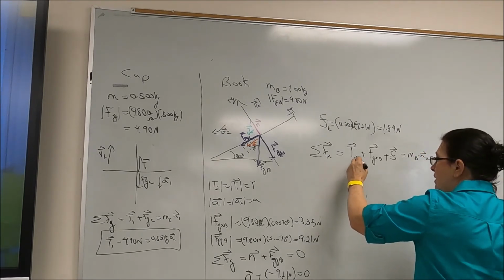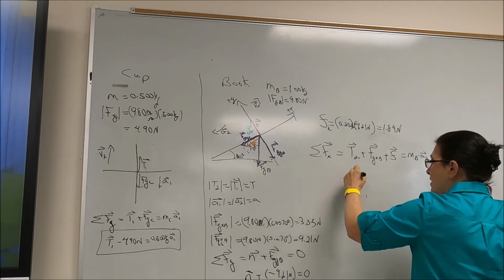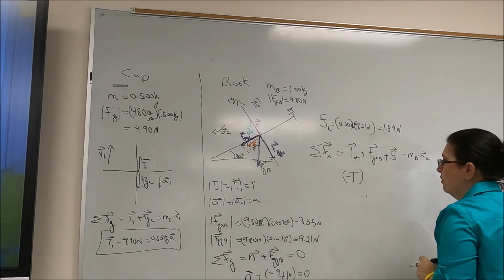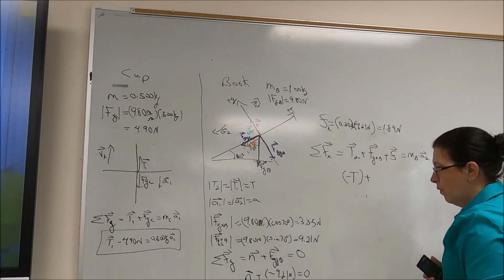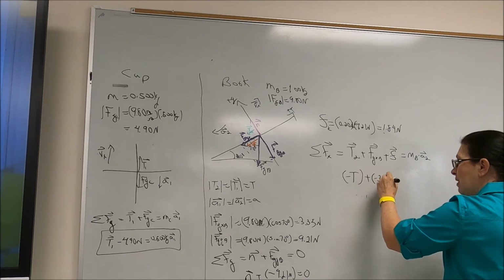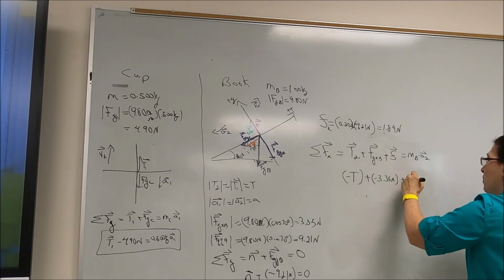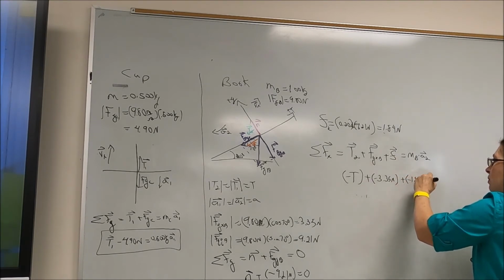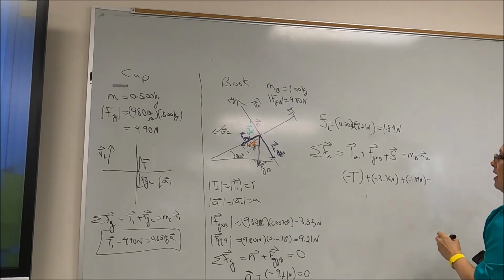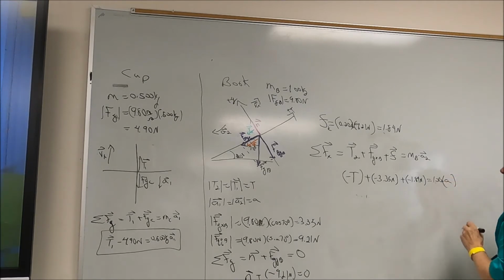Now, T2 is equal in magnitude to T1, which is equal to T, and it's pointing in the negative direction, so I have minus T. Force due to gravity on the book in the x direction is going to be a minus 3.35 newtons because it's in the negative, and the frictional force is a minus 1.84 newtons because it's pointing in the negative direction, and that has to equal 1 kilogram times a minus a, because I said the acceleration is in the negative direction, it has a magnitude of a.